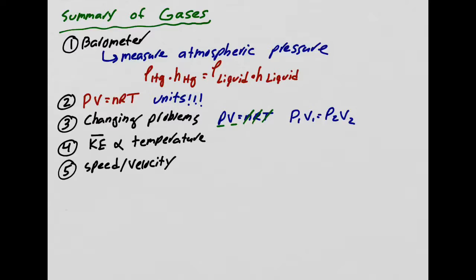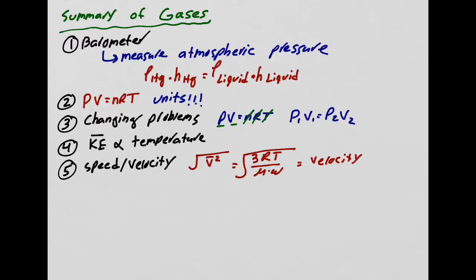When we talk about velocity, which means speed, we use the root mean square, and that is the square root of 3RT over molecular weight. That is going to get us the velocity of gases. And don't forget a unit, okay?